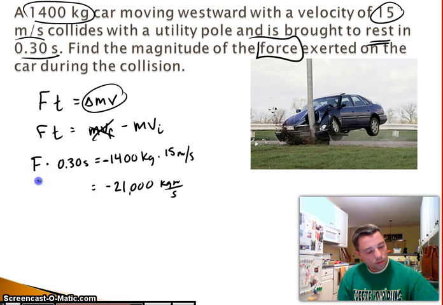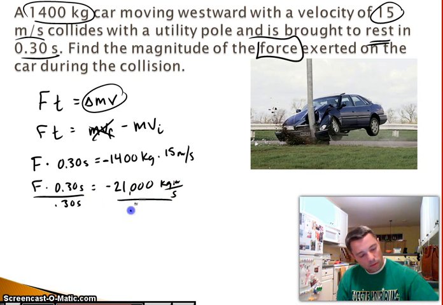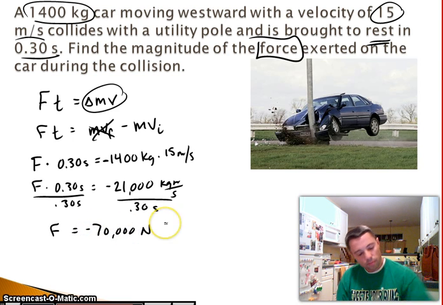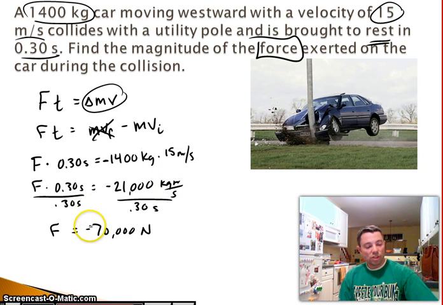Now when I take this force times the 0.30 seconds, I divide by 0.3 seconds. My force now is equal to 70,000 newtons. And again, it's newtons because it's kilograms meters per second squared, which is a huge amount of force when we're actually hitting this.